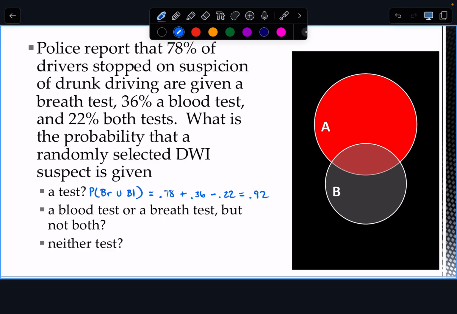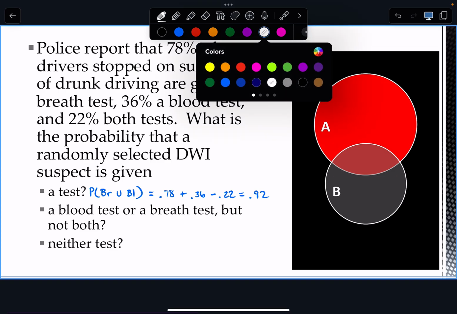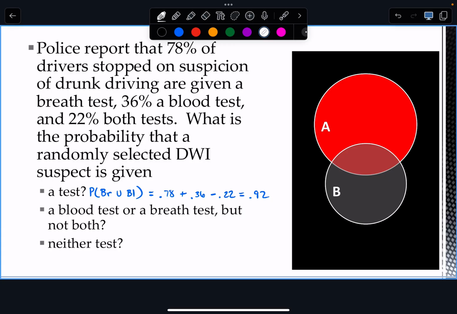When I create my Venn diagram, I create my rectangle that represents my entire sample space. I have the two events, event A and event B. In this case, we have to define those. So let's say event A is the breath test, and event B is the blood test.